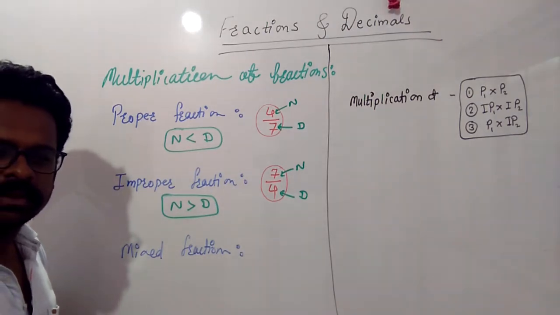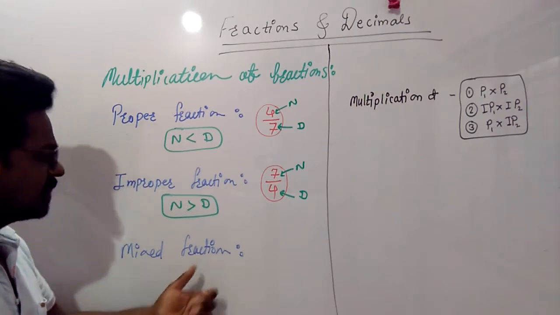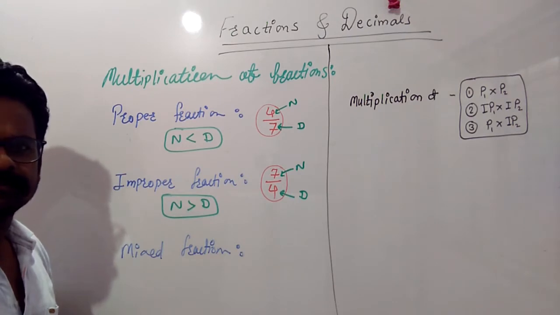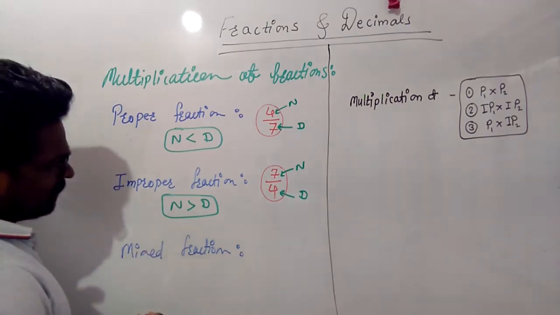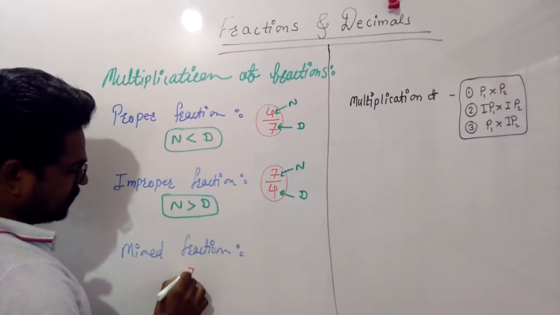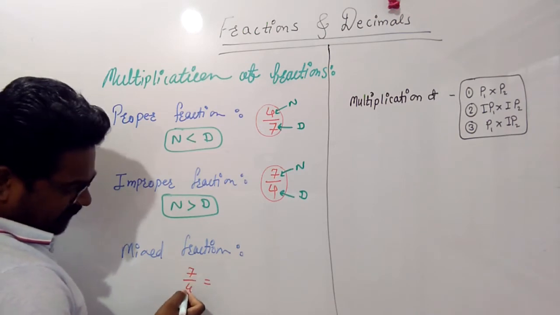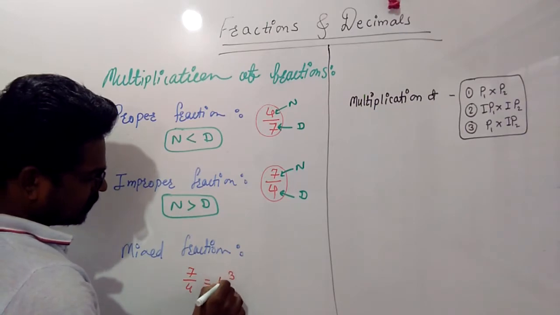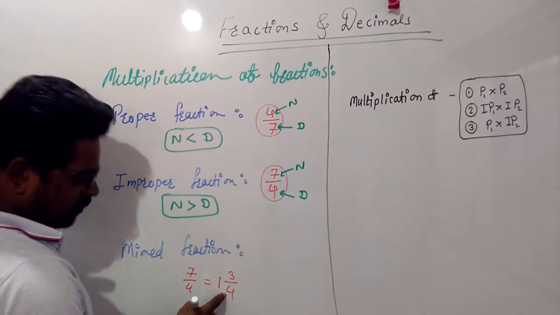Now see here, one more type of fraction I have written, which is mixed fraction. To which fraction can we say it is a mixed fraction? See, suppose the same fraction, 7 by 4, is equal to, as we know, we divide 7 by 4, so 4 ones are 4, 3 remainder is there, so 1 whole and 3 by 4.